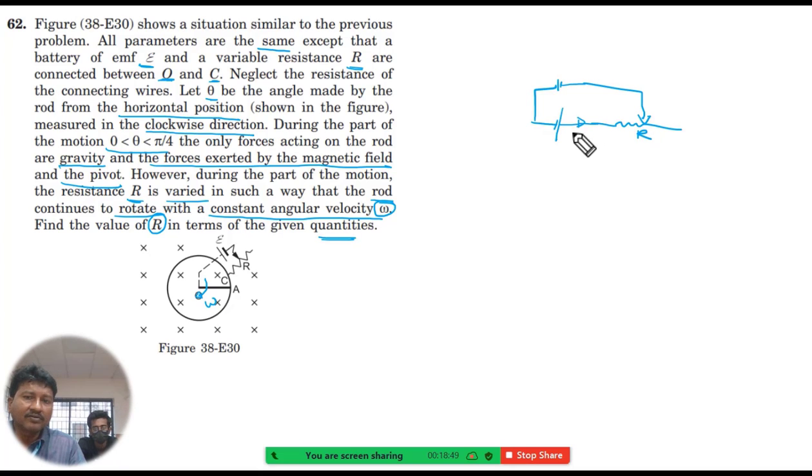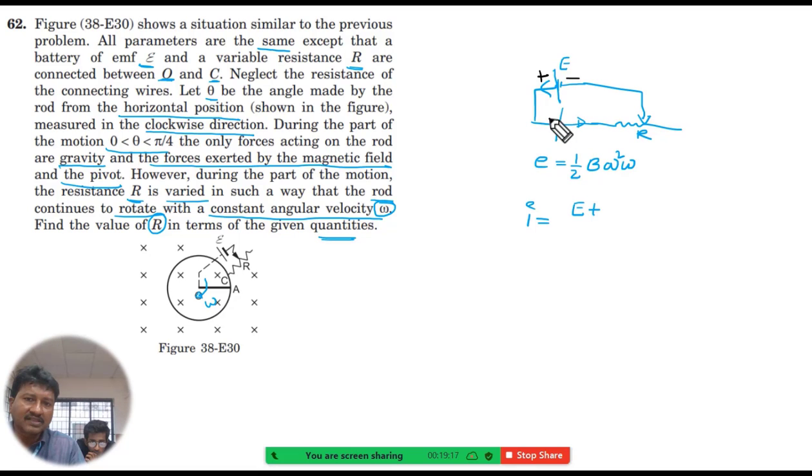How much current will flow? The motional EMF is half B A squared omega, and this is the EMF source E we connected. Both are trying to send current in the same direction, since this is the positive terminal and that is the negative terminal.